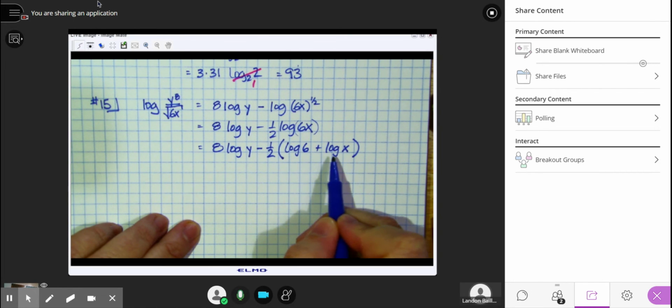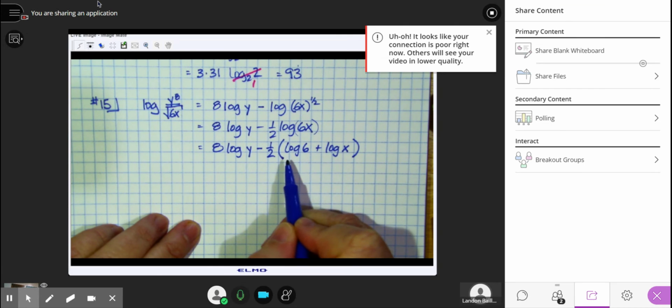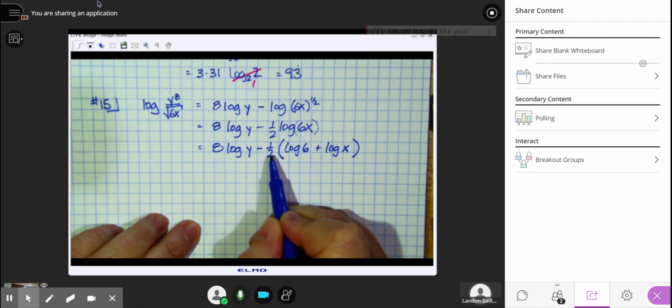It's a minor piece, but look at what's going to happen with that 1/2 now.